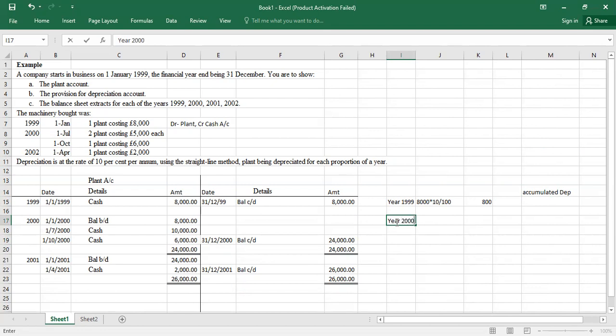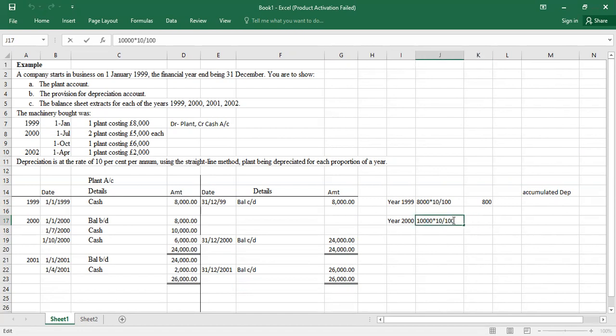So I come to year 2000. In year 2000, I have 2 plants that were acquired on 1st July, at the cost of 10,000. So I multiply by the depreciation rate, but be cognizant of the time.